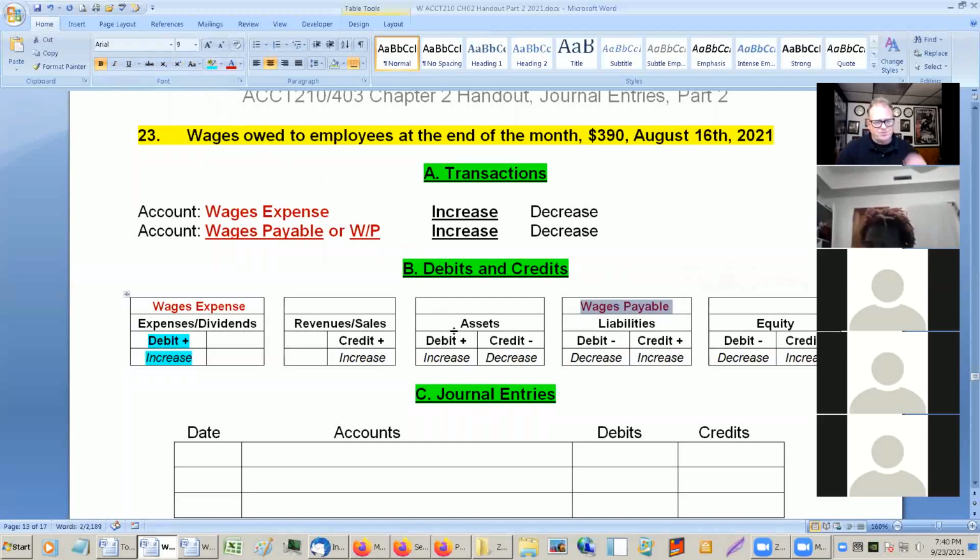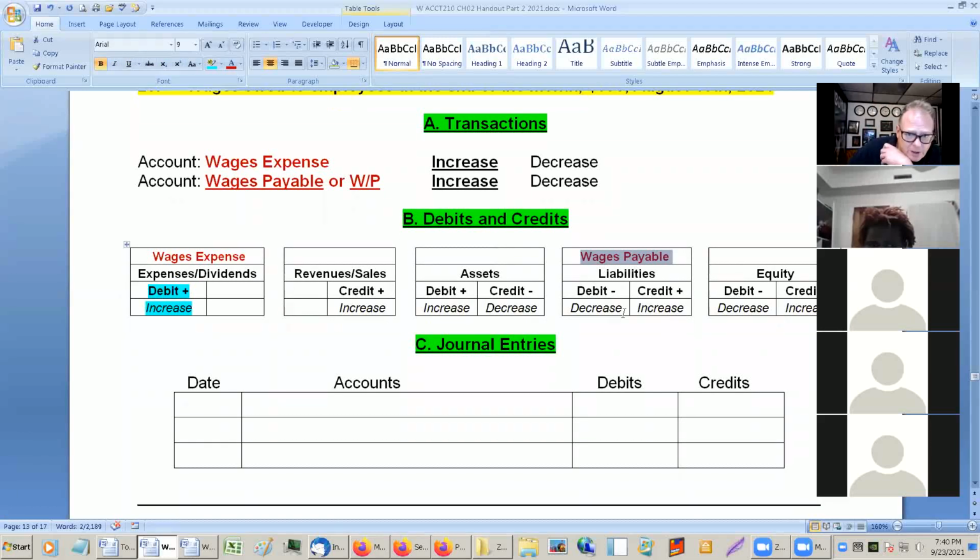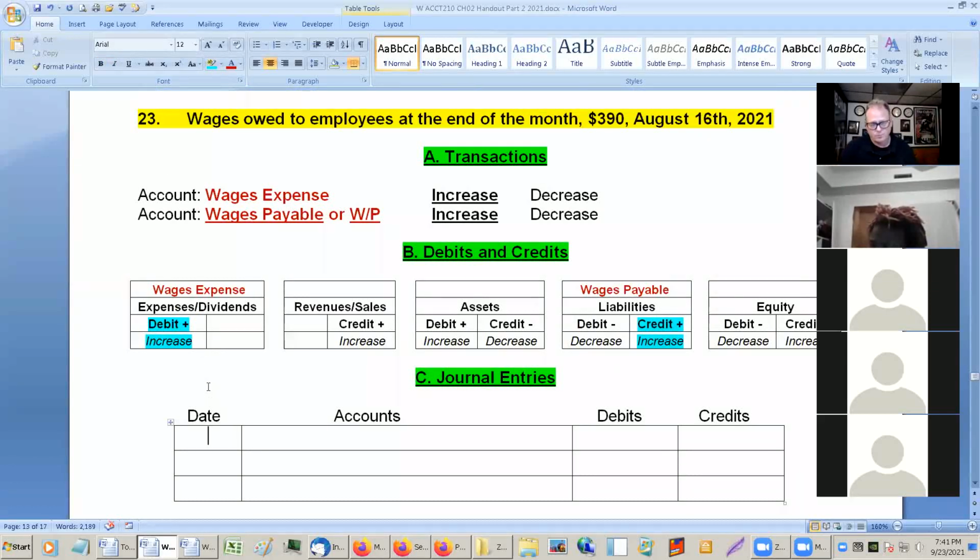So that would be going up with a credit, which you already knew. Okay, wages expense.